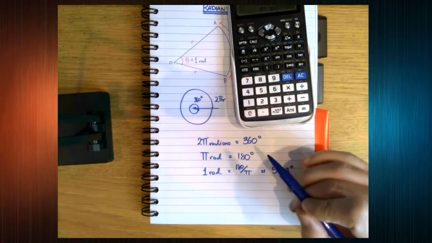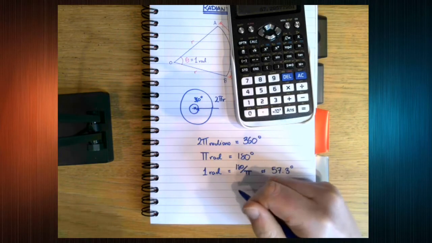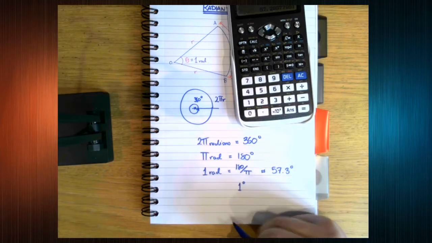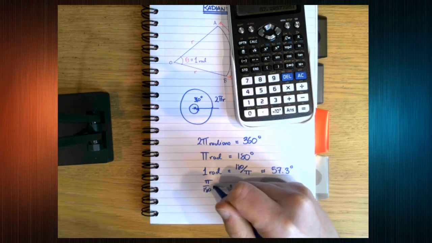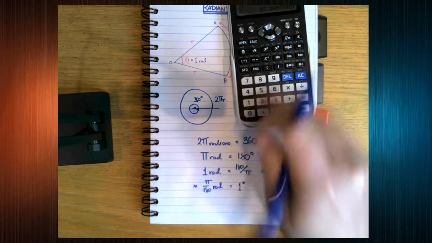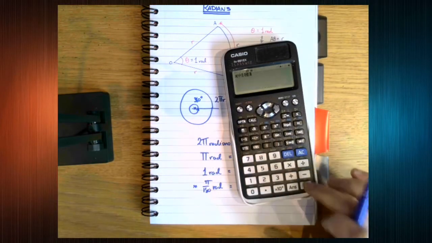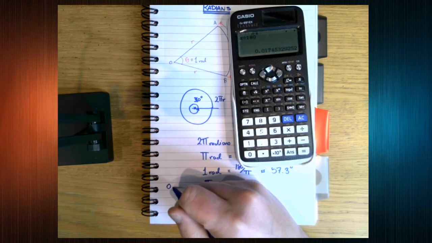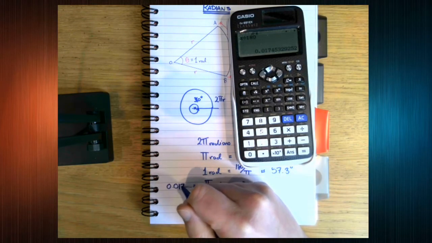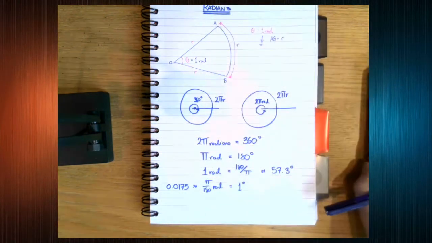So 1 radian is just a little less than 60 degrees. So how big is 1 degree? Well, it's pi over 180 radians, which is going to be a very small number. So 1 degree is 0.0175 radians. Very, very small.